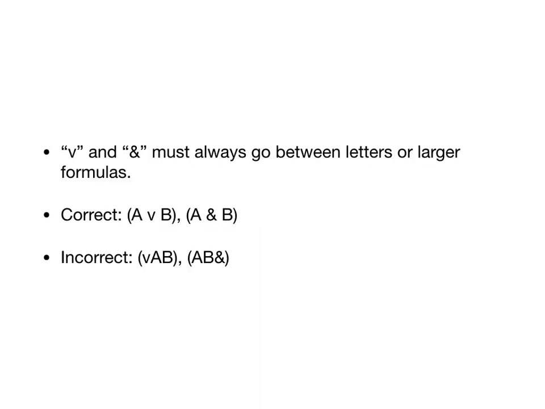The V symbol and the ampersand symbol, or the upside down V, the wedge symbol if you're using that instead, must go between letters or larger formulas. A or B, A and B: correct. These little weird things, wedge A B, and or not, I would probably know what you meant if you did this. It's just not good grammar, and in other cases, doing this sort of thing will make it really unclear what you mean.